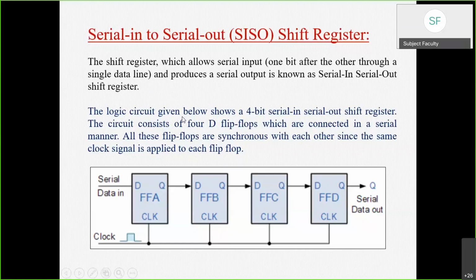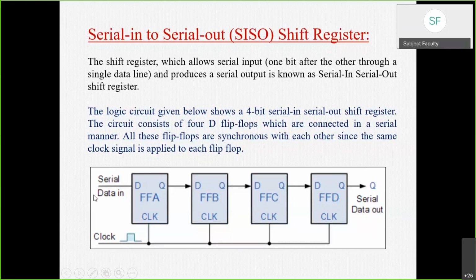Given this logic circuit, it is a 4-bit serial in, serial out shift register. Verify whether it is 4-bit or not. So you have to just count the number of flip-flops used. You can observe here 4 D flip-flops have been used. So that's why it will be a 4-bit serial in, serial out shift register.